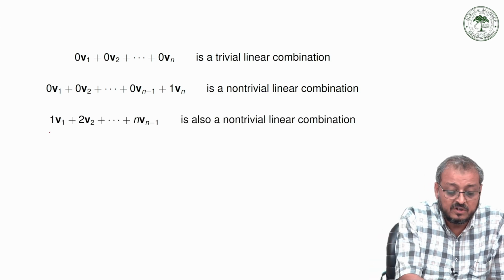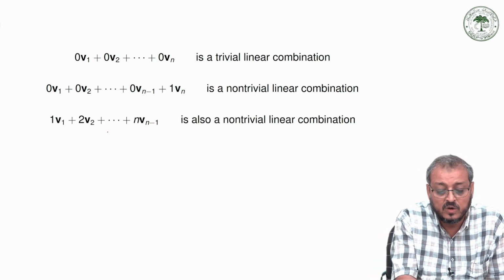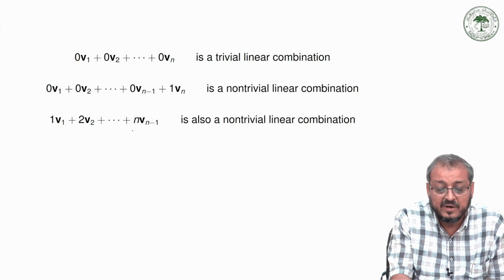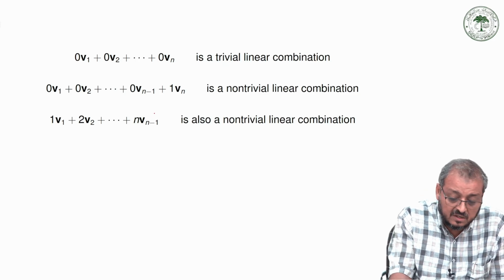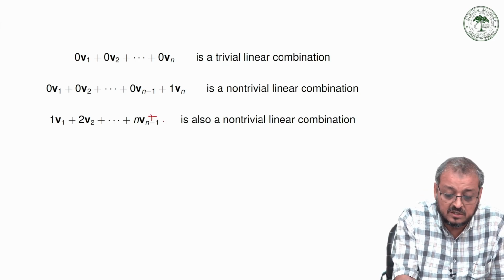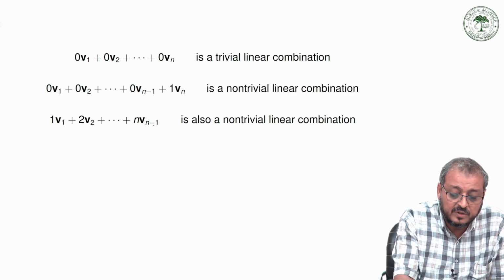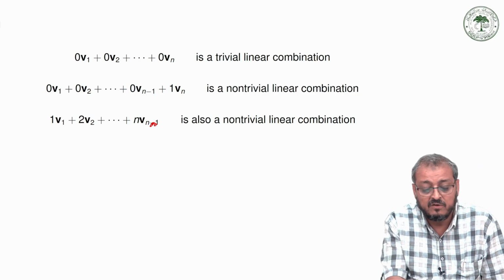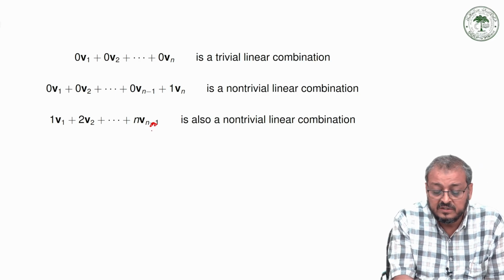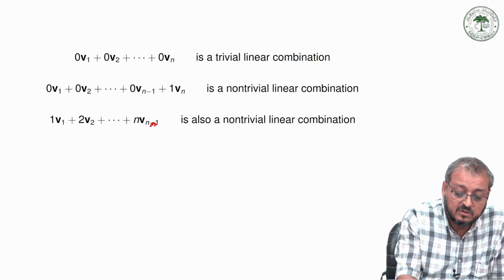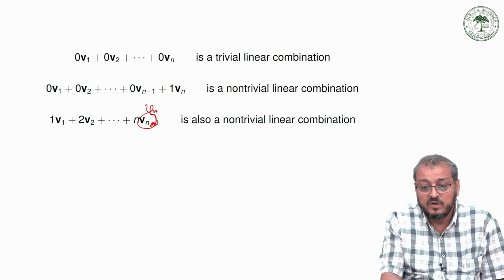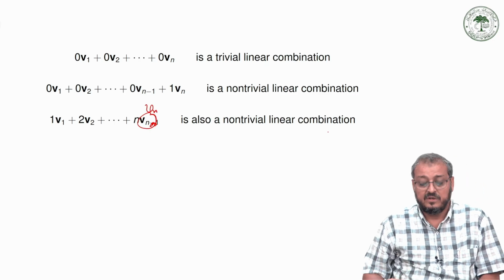Similarly, 1 into V1, 2 into V2, and so on up to n Vn is also a non-trivial linear combination.